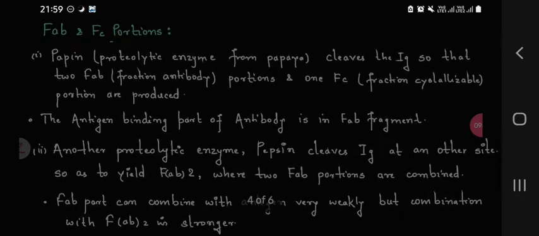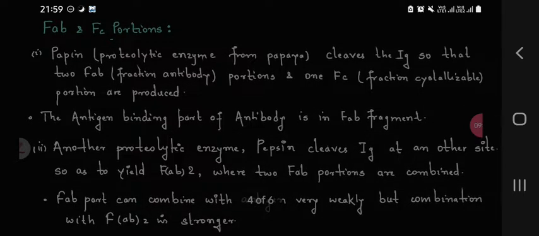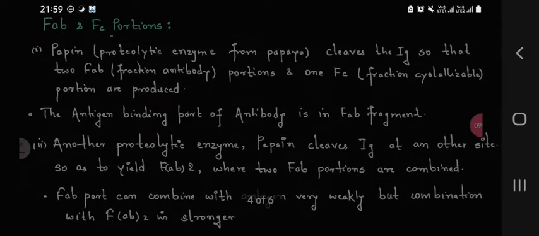Fab and Fc portions: papain, a proteolytic enzyme from papaya, cleaves the immunoglobulins so that two Fab (fragment antigen binding) portions and one Fc (fragment crystallizable) portion are produced. The antigen binding part of the antibody is in the Fab segment.